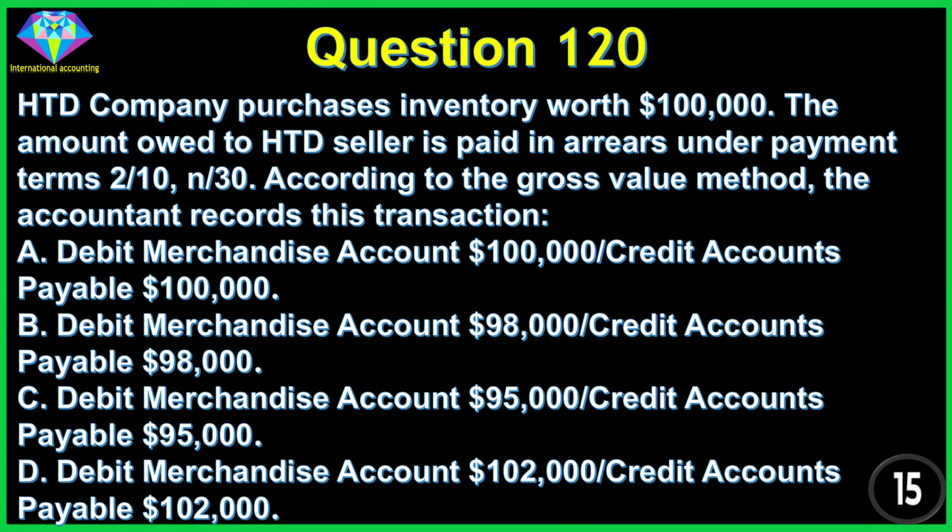D. Debit merchandise account $102,000 per credit accounts payable $102,000. The answer is A.